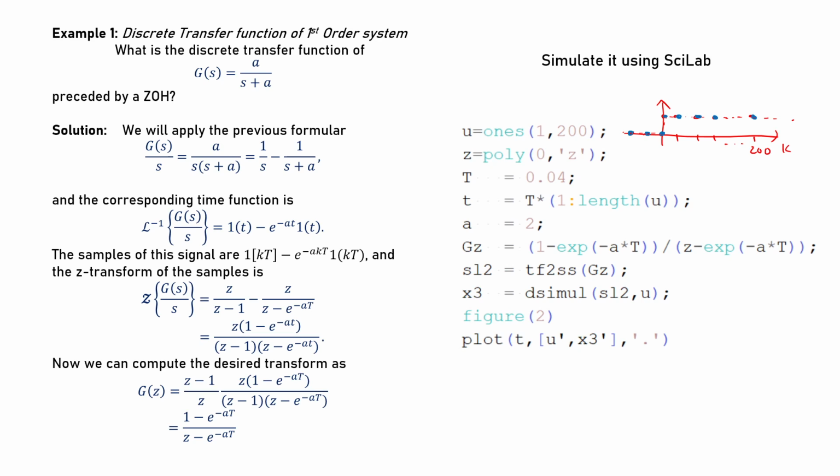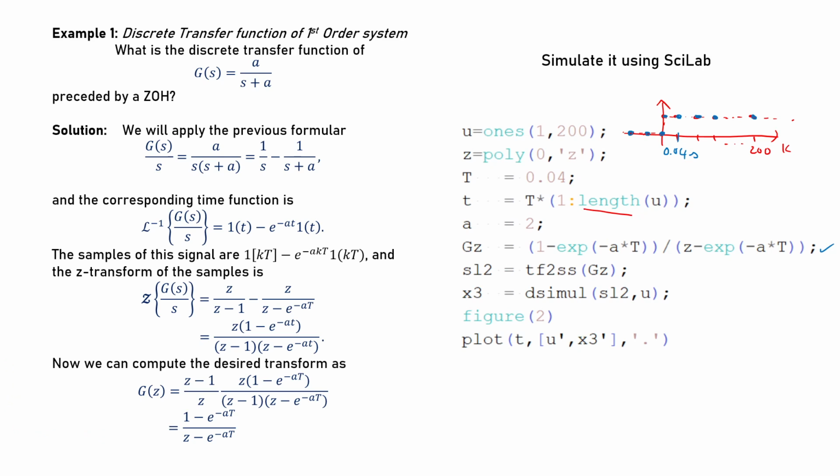Z is going to be used here, but then let me explain capital T. Capital T is the sample time, 0.04 second, and t, if you want to find the actual time, t equals capital T times the index from 1 up to the length of U. The length of U is 200 actually, so this one is the same as 200.